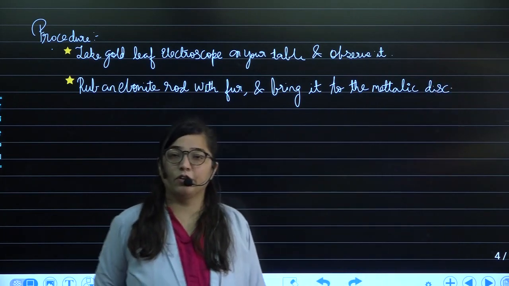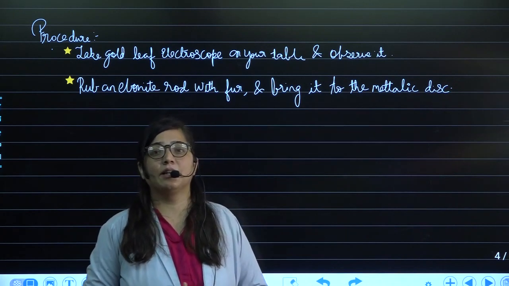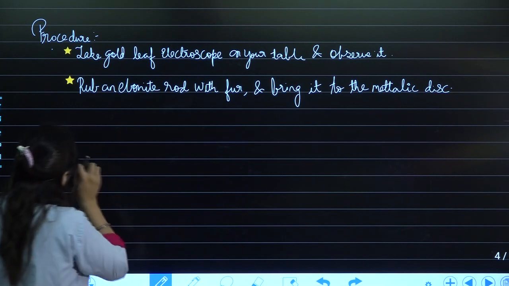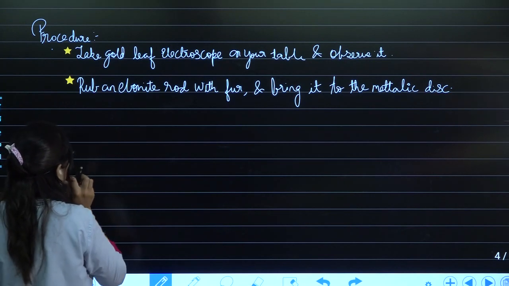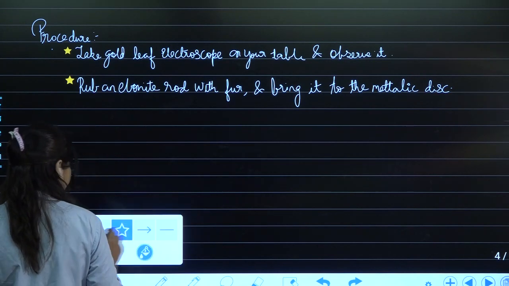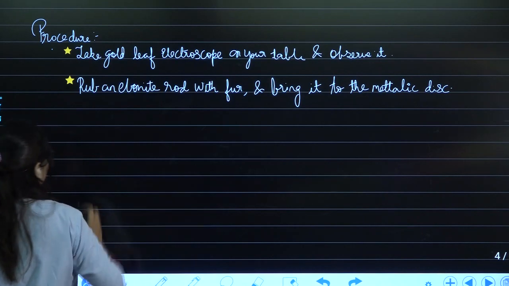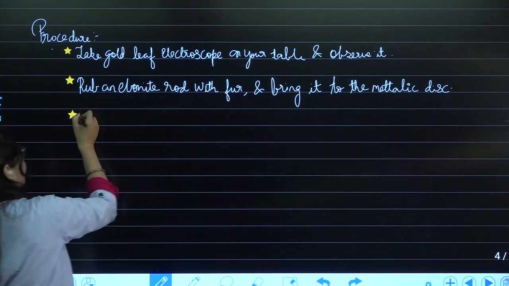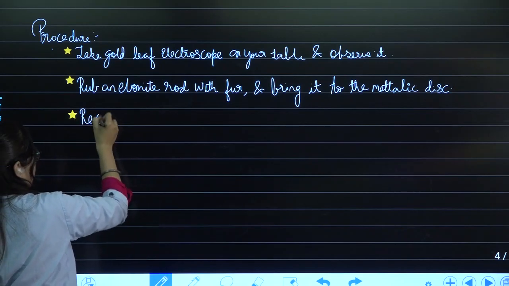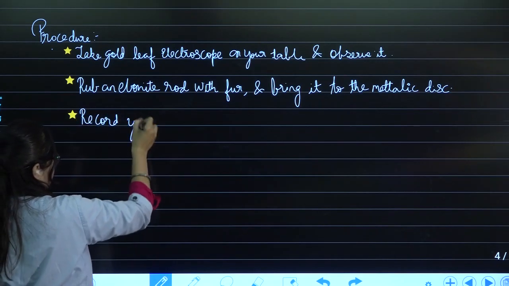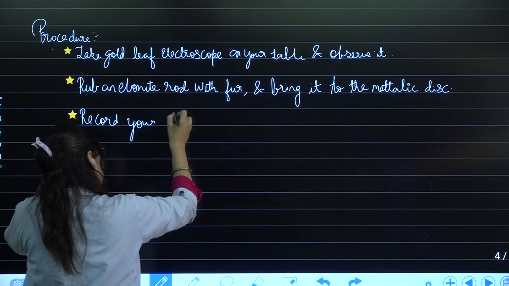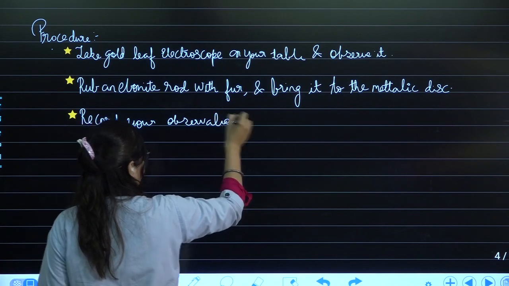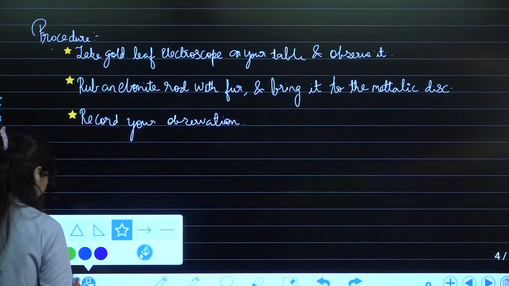Once you bring it, what will you see? The leaves get diverged. Then record your observation. Then what you have to do?